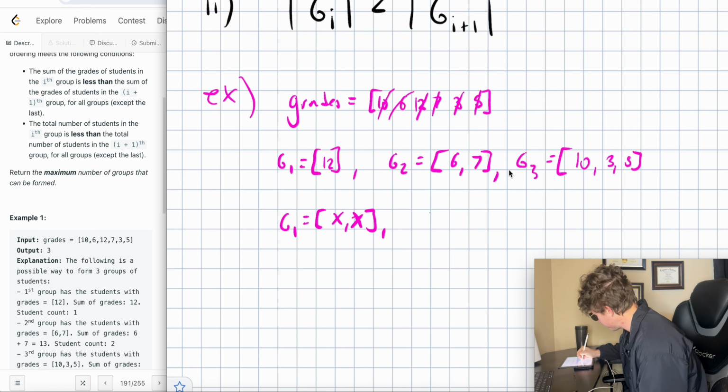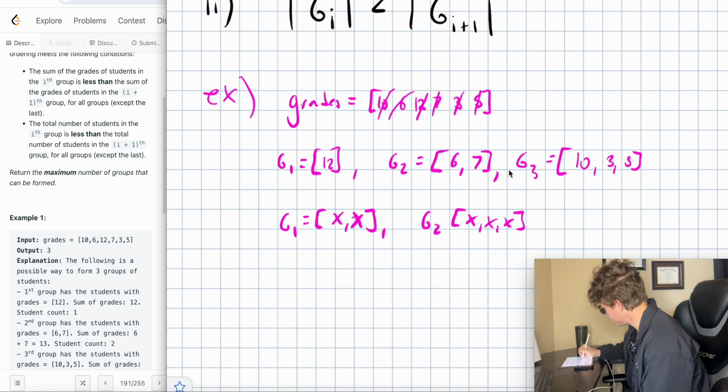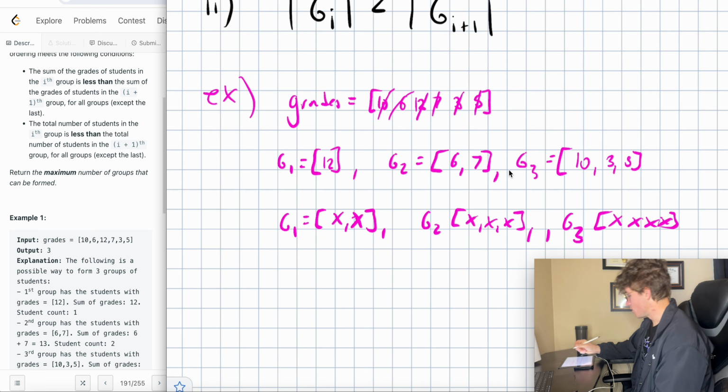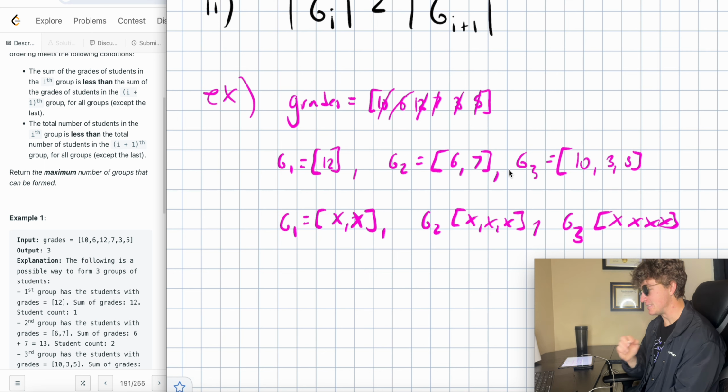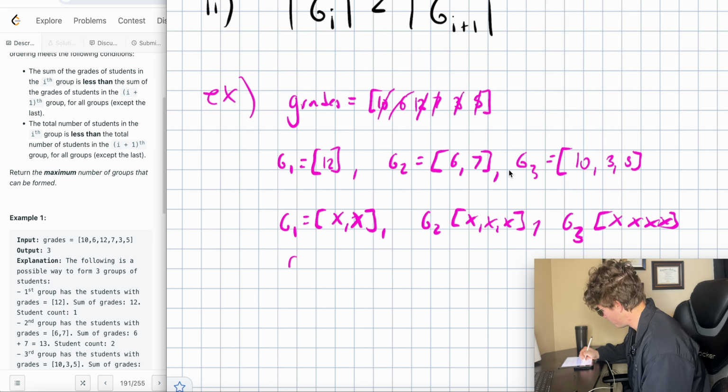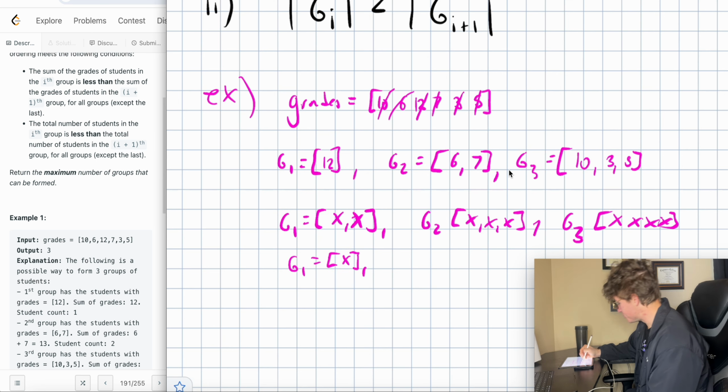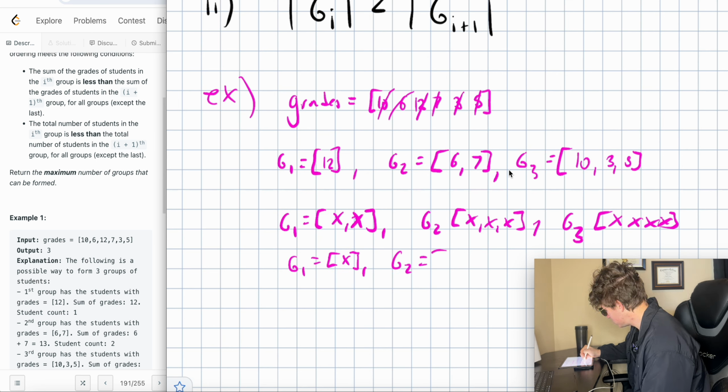My next group is going to have to be 3 people, right? And the next group would have to be at least 4 people. So if I'm trying to make as many groups as possible, I should instead always try to make my first group 1. That way my next group could be 2. And that way my next group could be 3.